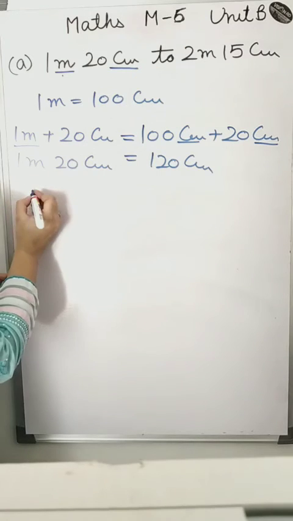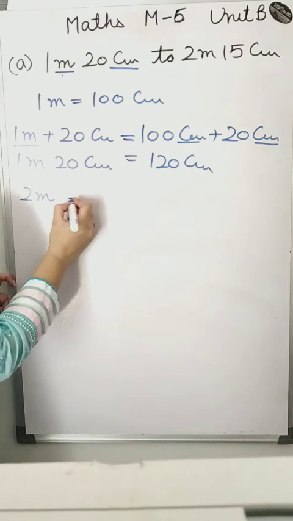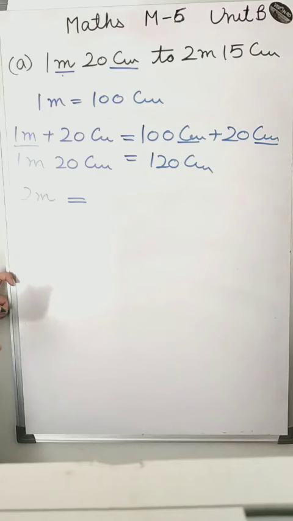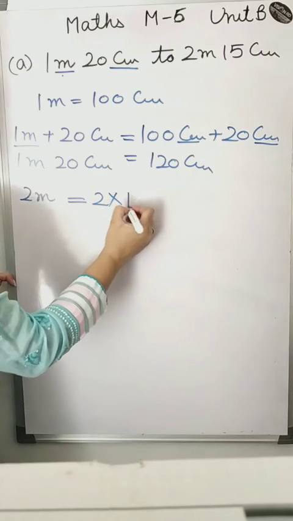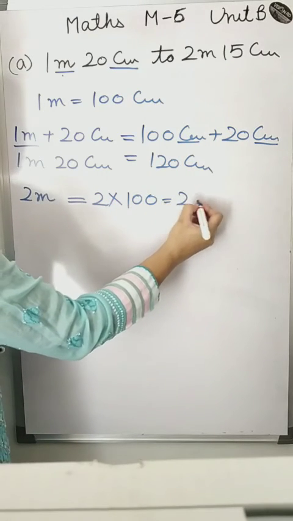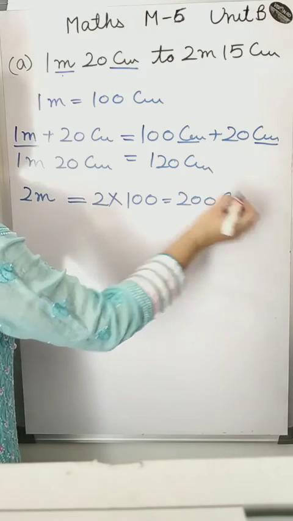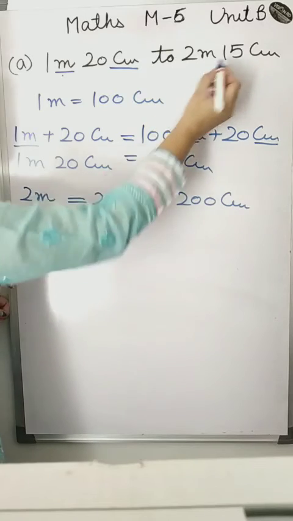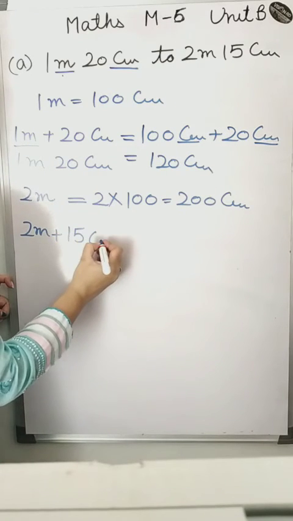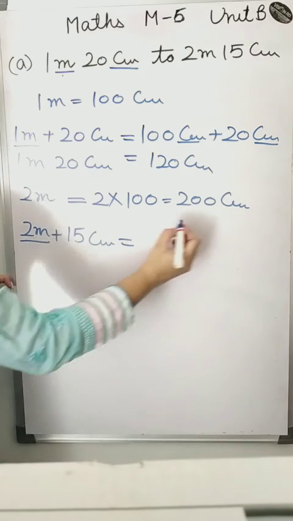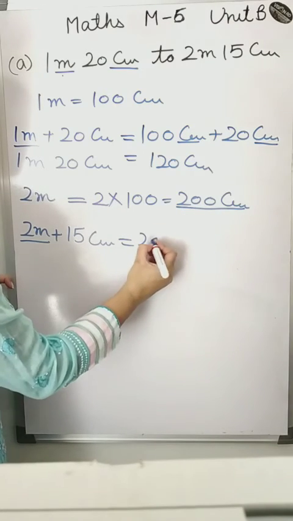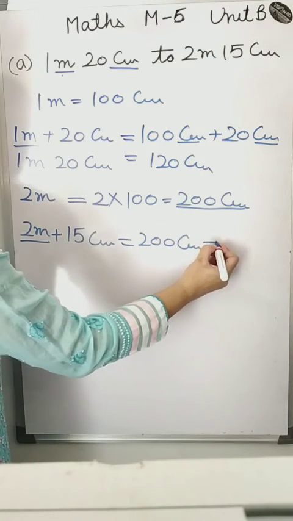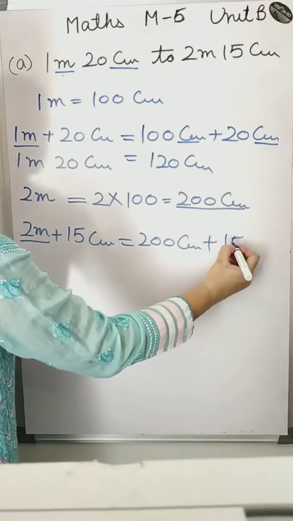Now come to the next one, 2 meter. So 2 meter is equivalent to what? 2 into 100 means 200 centimeter. Now 2 meter plus 15 centimeter is 200 centimeter plus 15 centimeter.